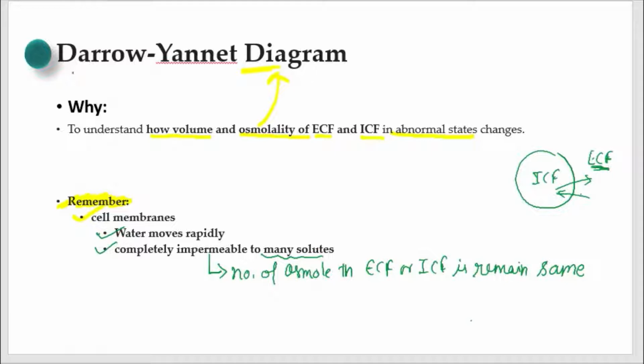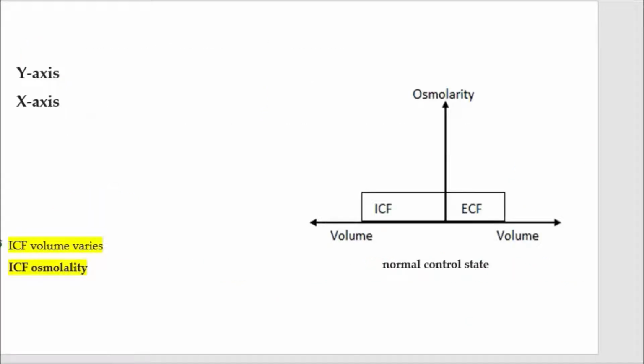This is the Darrow-Yannet diagram in the normal control state. Here the x-axis is for the osmolarity, or we can say osmolality, or concentration of solute particles, and the y-axis is for the volume of ICF and ECF. Why is the ICF volume greater than the ECF?